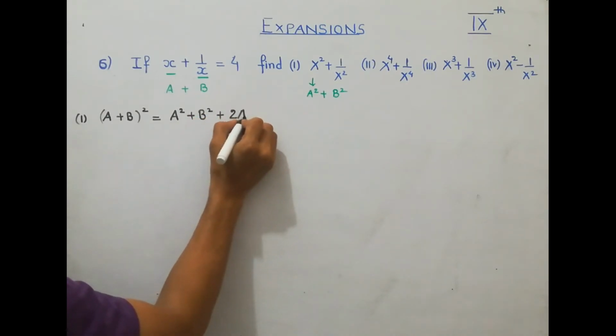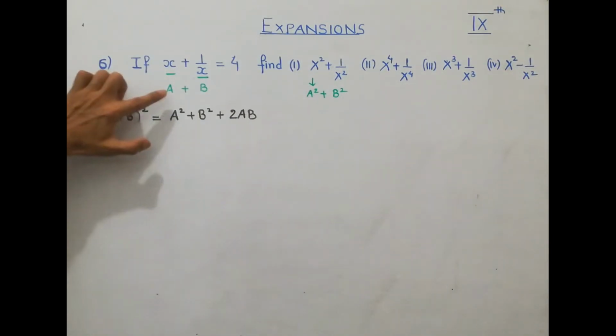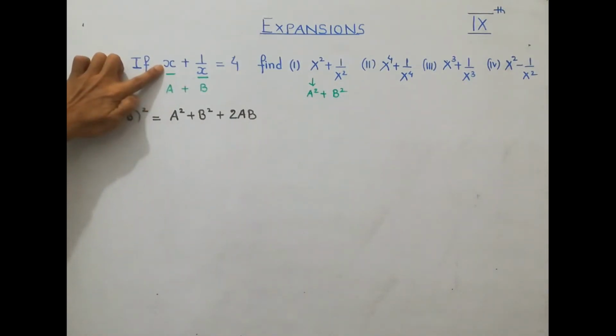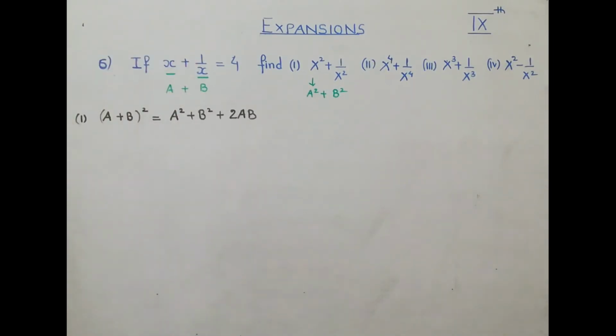Plus 2ab. Now in this formula, we have to replace a by x and b is to be replaced by 1 upon x. Keep this in mind. We have considered over here x as a and 1 upon x as b. So the formula that we have written in terms of a and b, in that formula a will be replaced by x and b will be replaced by 1 upon x.